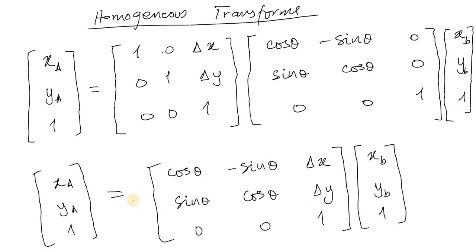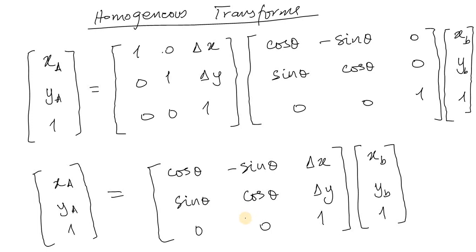So here you see that to transform these rotated and translated coordinates into your reference frame, which is A, you just need to multiply with this matrix, which is a homogeneous transform matrix that can rotate and translate both at the same time.